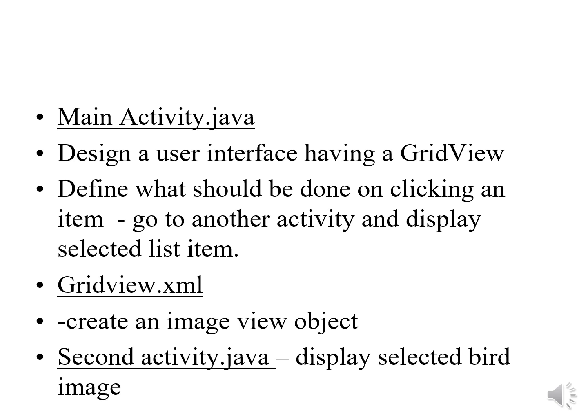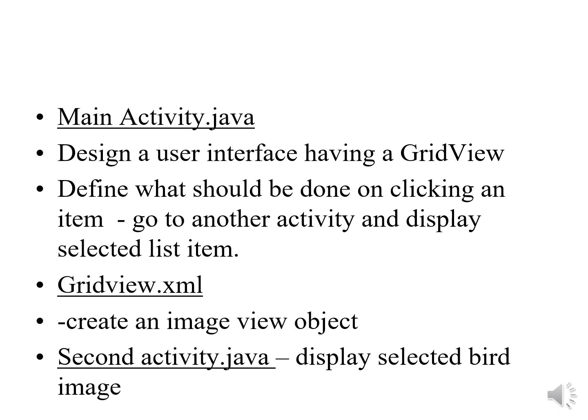Actually what you want is, when you select a bird image, you go to another activity and display the selected bird image there. So the second activity is meant for displaying the selected bird image. Using intent you will be passing the reference of the selected bird image, and using getIntent you can get the intent and display the image in the second activity.